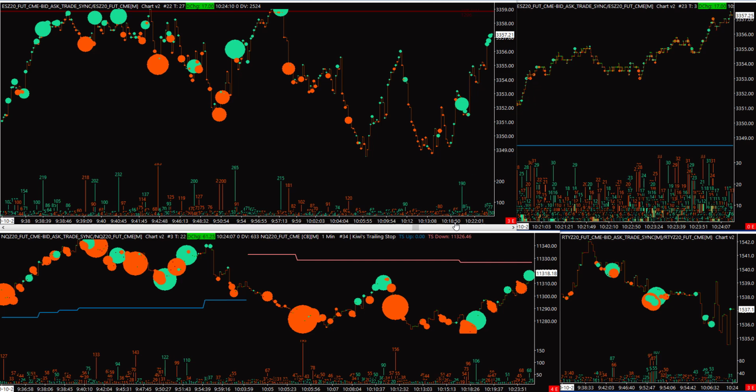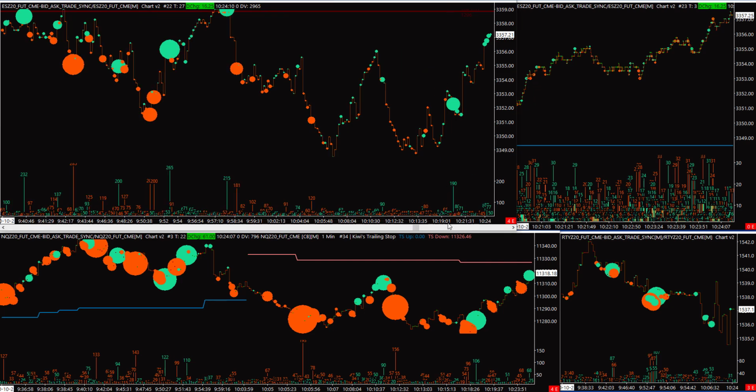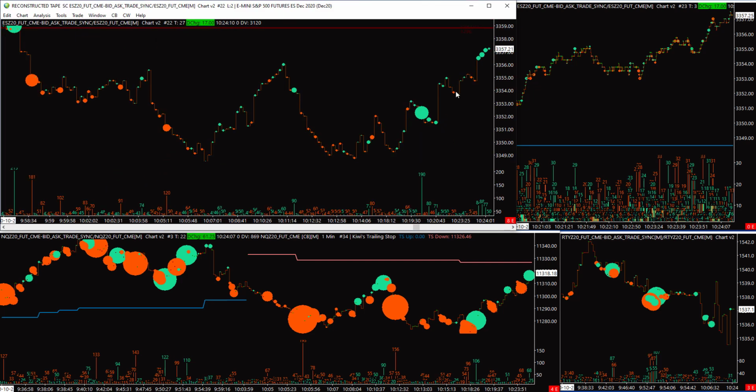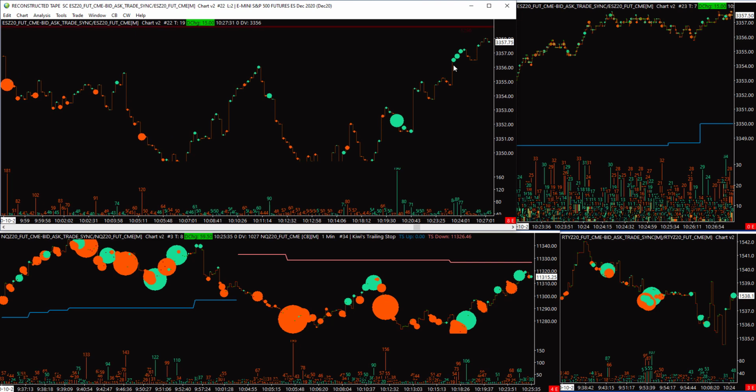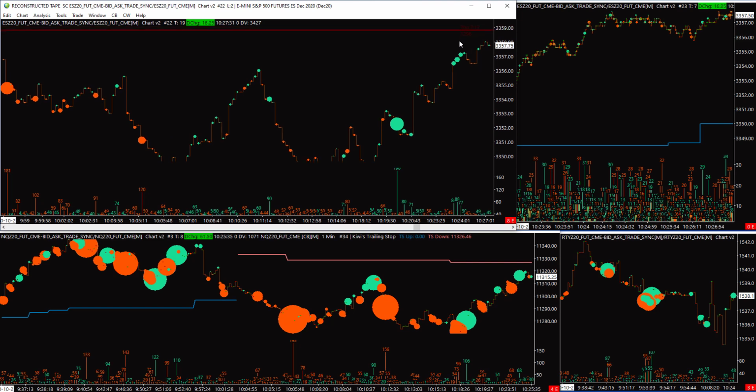We'll look at that in just a second. There's actually a little star right above here on my footprint. But if we're looking at the tape, I think the star actually plotted right here.